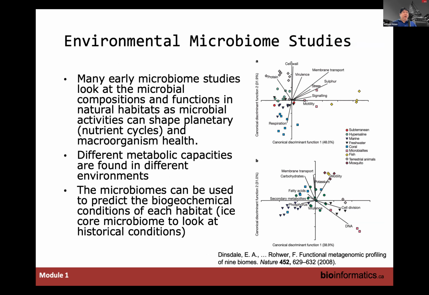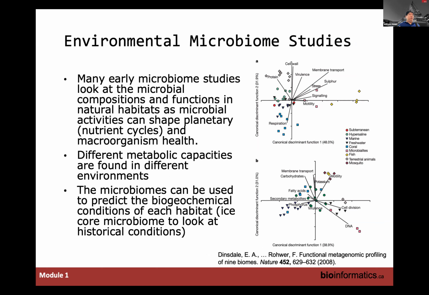And not just living systems, microbiome studies, of course, have traditionally long been done using samples from environmental sources. So many early microbiome studies look at microbial compositions and functions in natural habitats, and these activities can shape planetary and microorganism health.